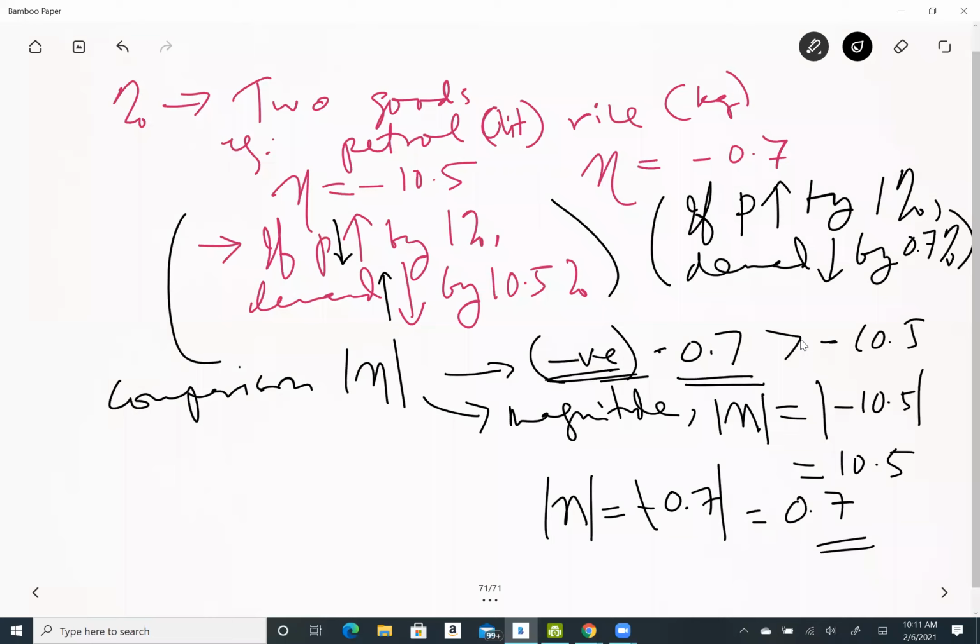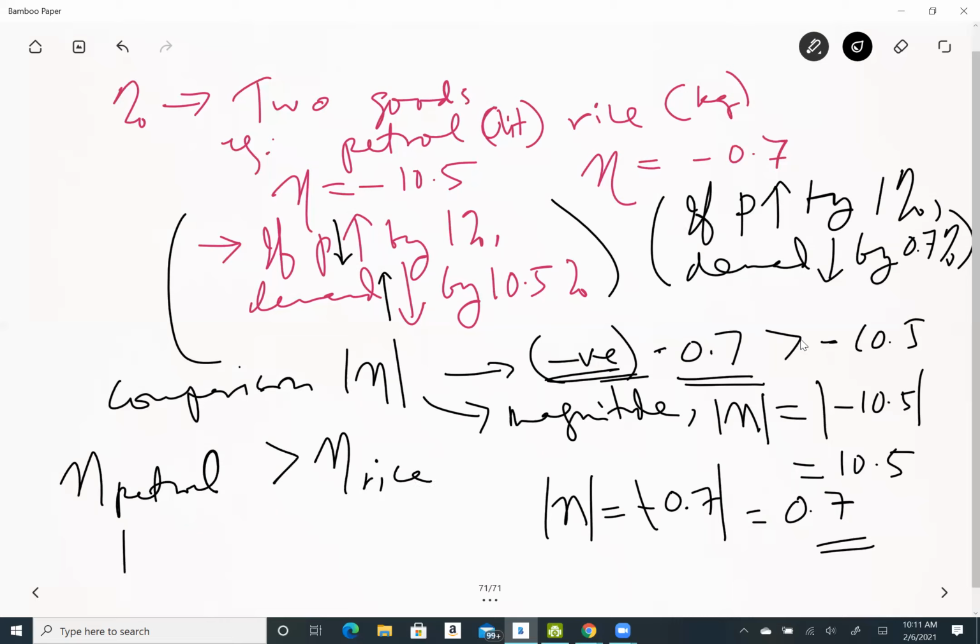But when we do this application analysis, we want to look at only the magnitude, so think of it as absolute value. Don't consider the negative number. So the elasticity of petrol is higher, larger than the elasticity of rice.